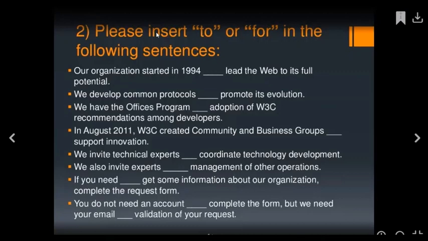Yo quiero creer en esta oración que es para el grupo que está trabajando en la operación. En nuestro caso podría decir, we also invite experts to manage the operation. Okay, thank you.